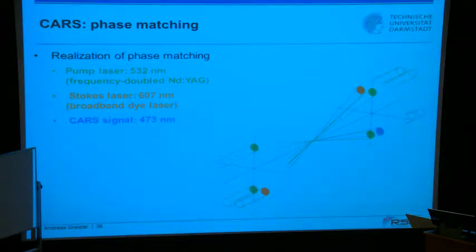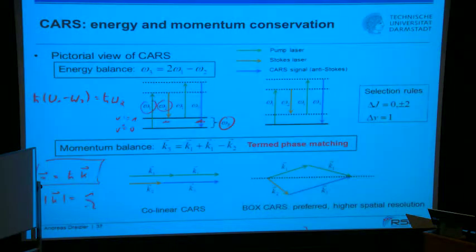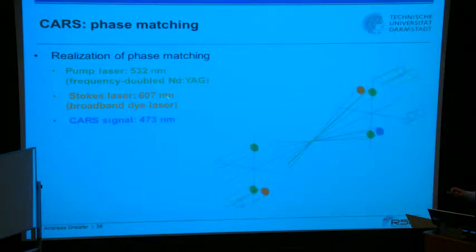Okay, if you now use nitrogen to be probed, you use a YAG laser at 532, then because you have here a certain resonance from nitrogen, your Stokes laser has to be operated at 607 nanometers, and then you would create your raw vibrational CARS signal in the blue range at 473 for this molecule, for this choice of pump lasers and Stokes lasers.